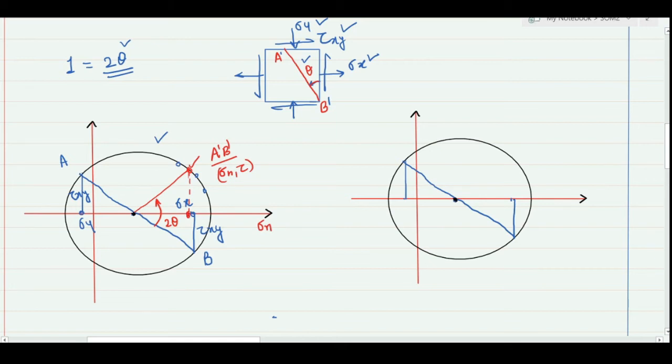The magnitude there is the value of normal stress on this oblique plane. Similarly, if I make a horizontal line, it will cut my shear stress axis at a certain value, and that is going to represent the shear stress on the oblique plane.